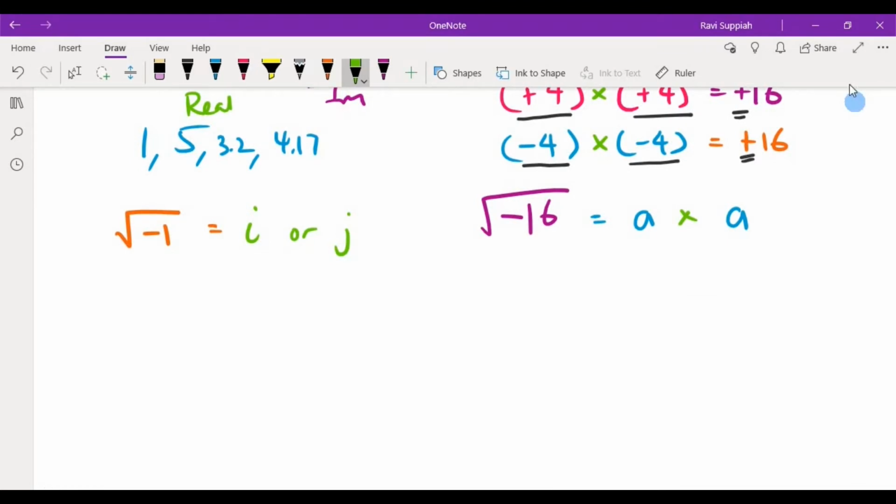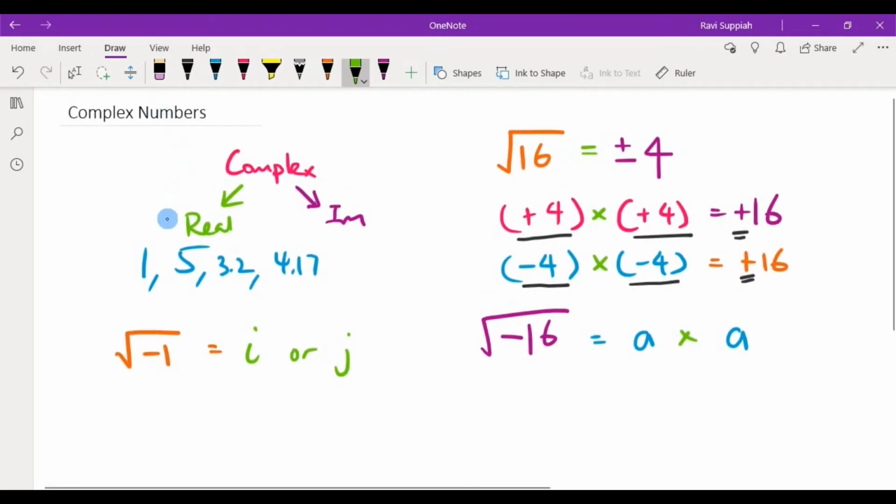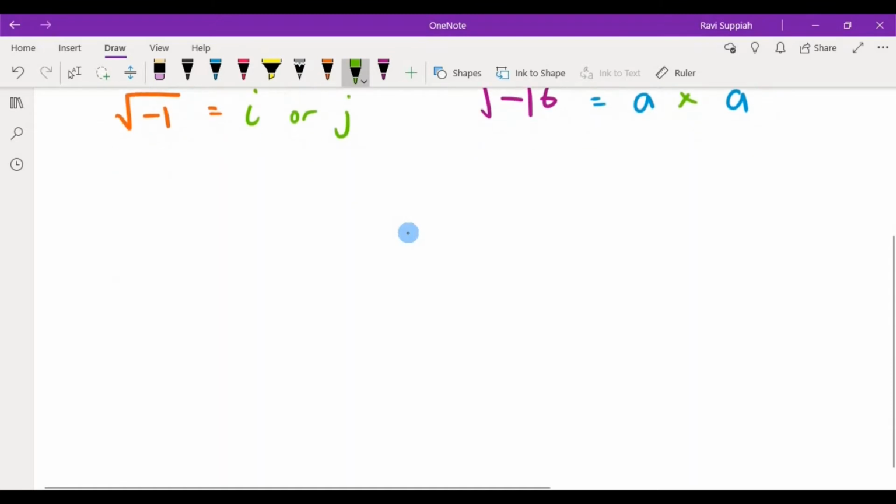Now, how do we write a full complex number? As I just told you, a complex number consists of both a real part and an imaginary part, and that is written as x plus jy. In some cases it could be a plus ib and so on. As you can see, there are two parts to it.